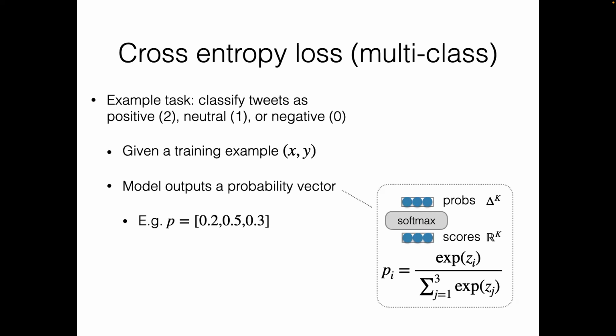Okay, so this is the form of the softmax function, and if you haven't seen it before, be sure to review that, because the softmax will appear everywhere, and you want to know what it is. Now, what we're going to do is imagine that this ground truth label in our data is actually a probability vector as well.